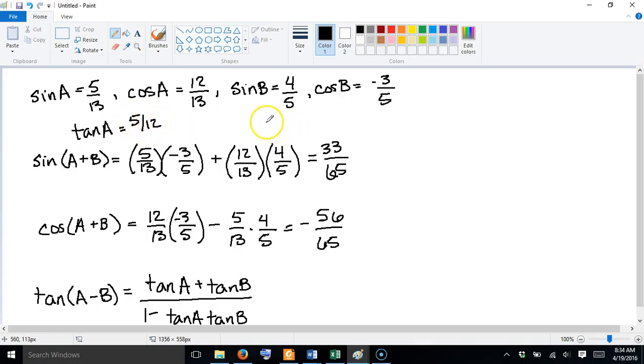And then tangent B is sine B over cosine B, which is negative 4/3. Now we plug those values into our trig identity here, and say, oops, I think I meant to put minus and then plus. Yes, I did. Switch that around.